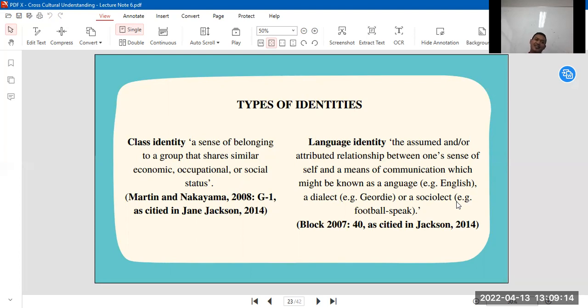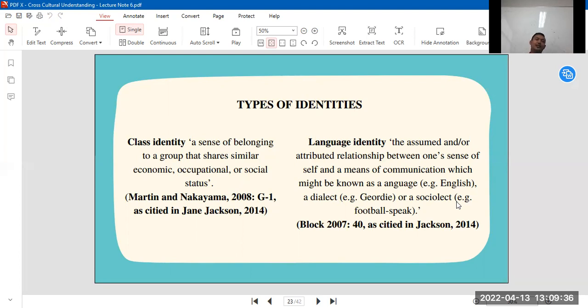Yeah. So that's why some schools require children to wear uniform to downplay class differences and build up a shared sense of belonging to the institutions. Yeah, that is the class identity.